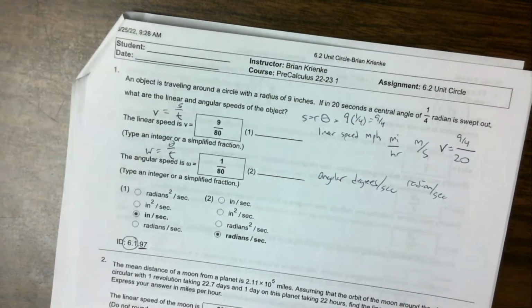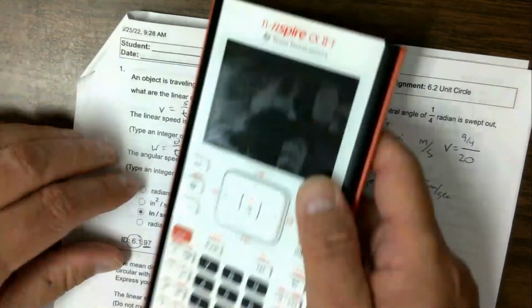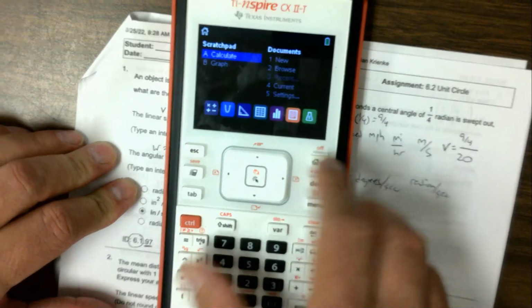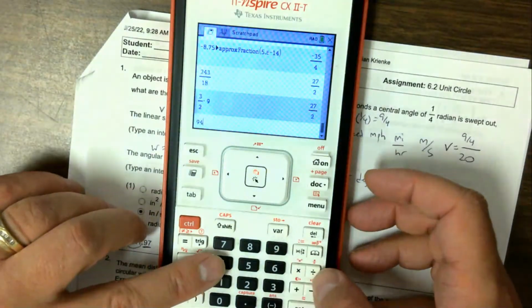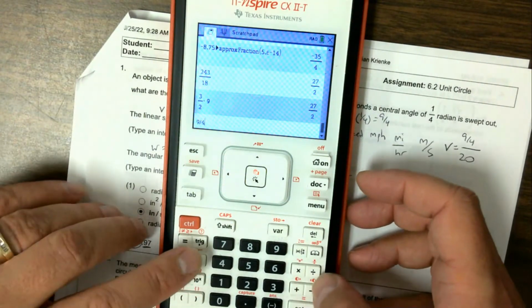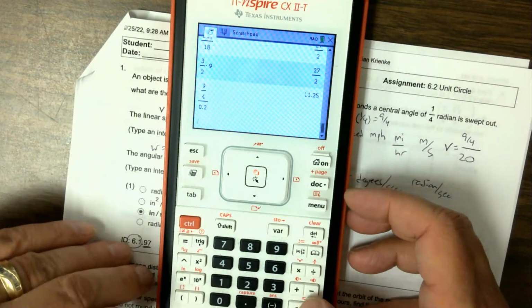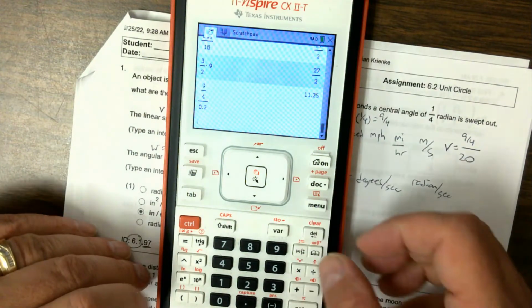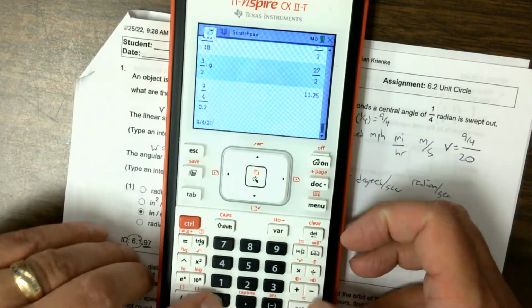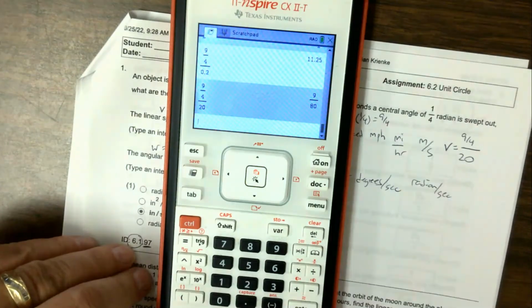So when we do 9/4 divided by 20, whoops, I did 0.2. That gives you 9/80ths.